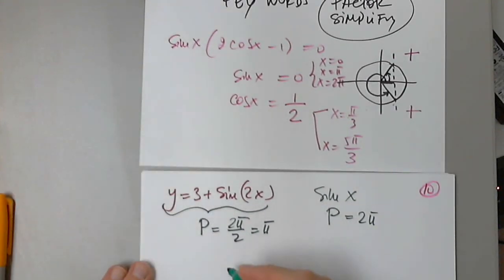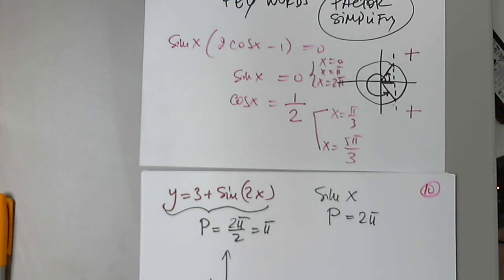So if we graph, from negative pi to pi, 1 and negative 1, sorry, I got carried away. So this graph, the pink graph, is sine x.